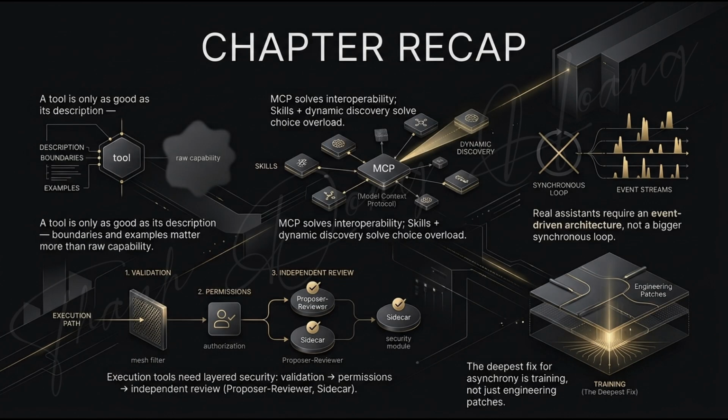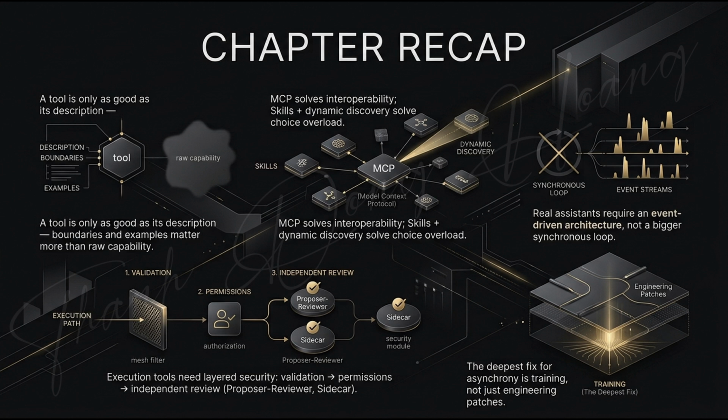A few ideas worth carrying forward. A tool is only as good as its description. Clear boundaries and concrete examples matter more than raw capability. Standardized protocols solve compatibility between tools. Small toolsets paired with on-demand discovery solve the problem of having too many choices.